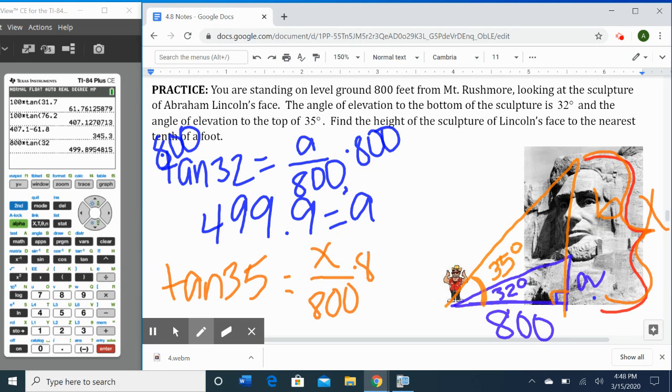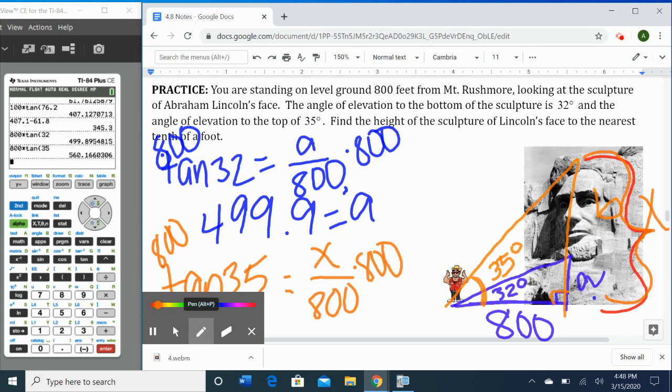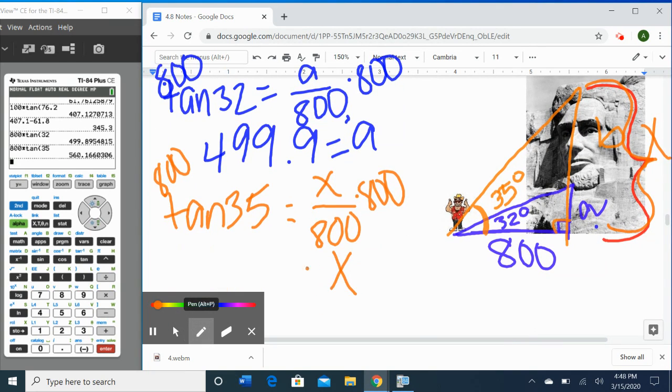So when I multiply by 800, I get 800 times the tangent of 35 is 560.2. So this whole thing is 560.2.